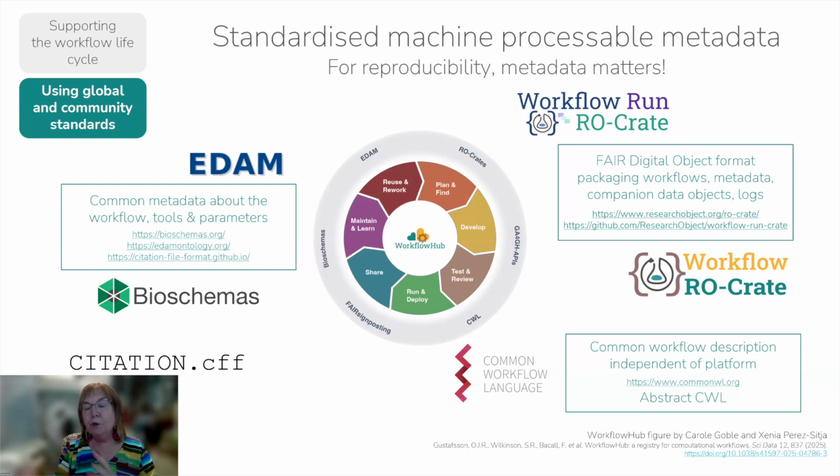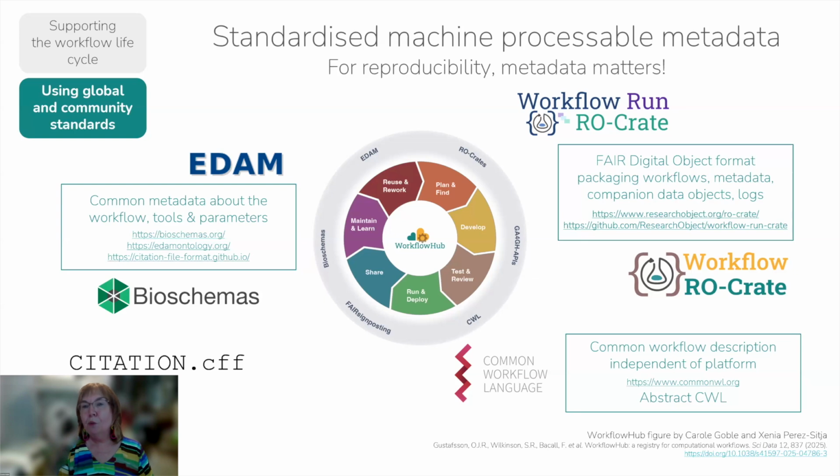But then we've also got the fact that we use many different kinds of workflow languages here. So it would be nice to have some sort of common workflow description that was independent of the platform. And for that, we use abstract CWL. I mentioned a lot of things that we want to describe about the workflow, lots of different things like logs that may be associated with, say, a workflow execution or companion data objects.